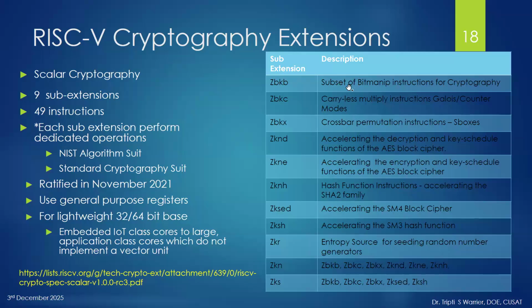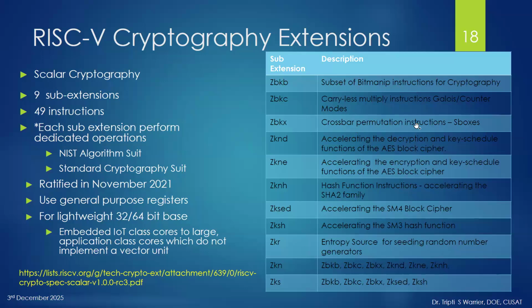When you look at these sub extensions, there are certain instructions in the bit manipulation extensions which support cryptography. Those are mentioned. The first two cases are subsets of instructions from bit manipulation which speed up cryptography. That is carryless multiplication and basic XOR, that kind of basic bit manipulation B type instruction set.